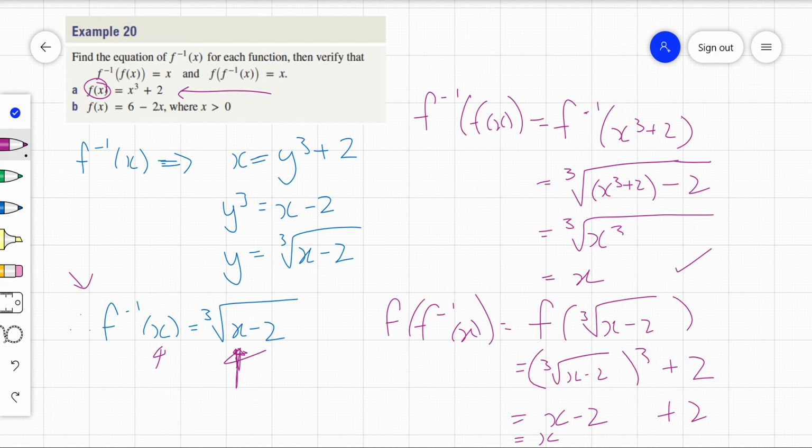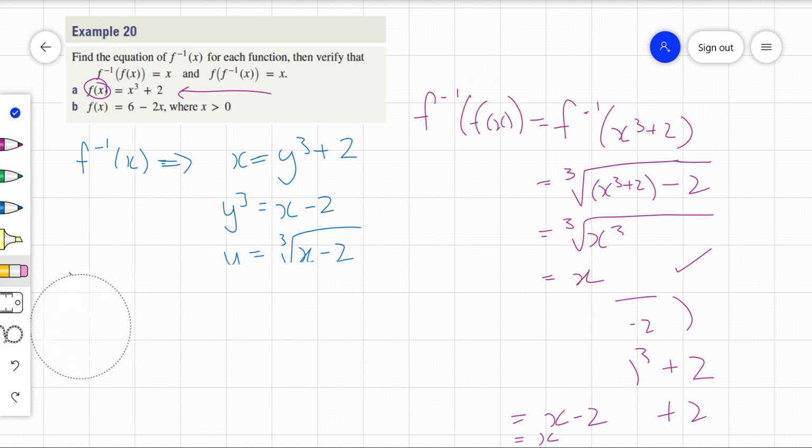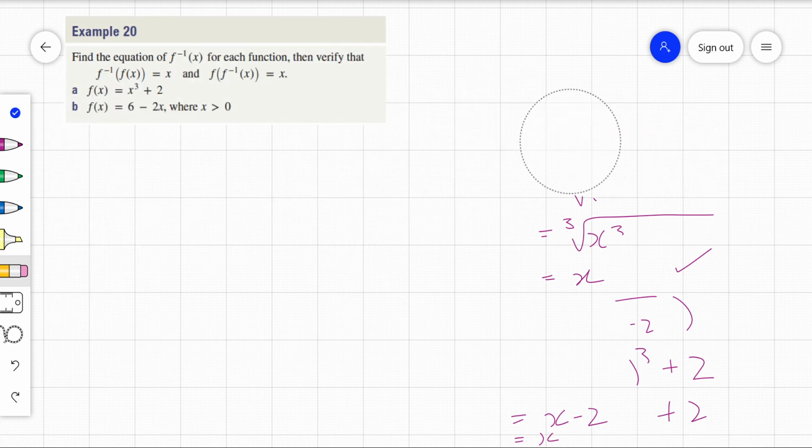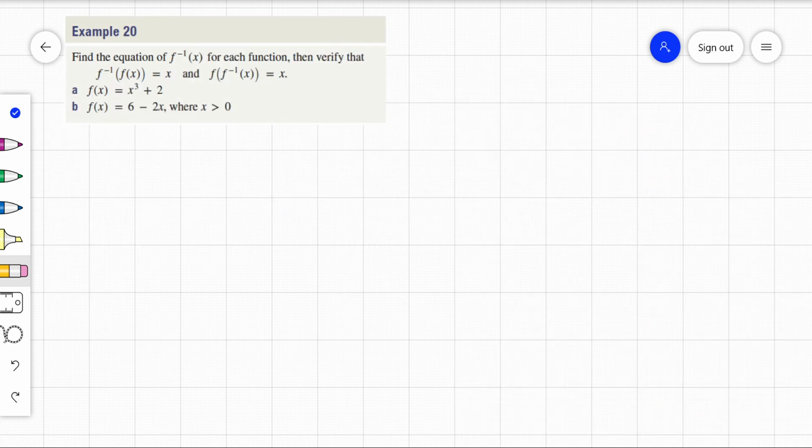So let's look at the second function. Remember you can stop, pause, or try it before you go on. Looking at the second function, we've got f of x equals 6 minus 2x. So if I first have a look at just swapping the x and the y's, remembering that f of x is the same as y, and remember in this case it says x is greater than 0, so I know y is greater than 0.